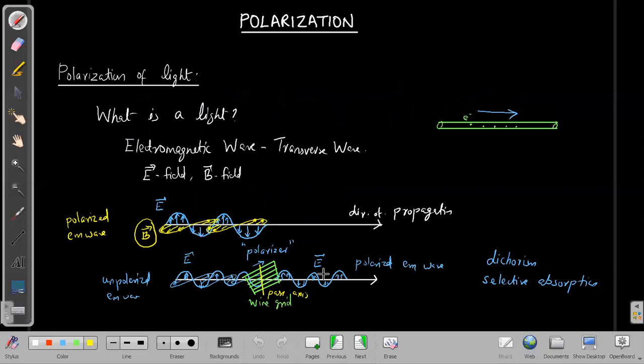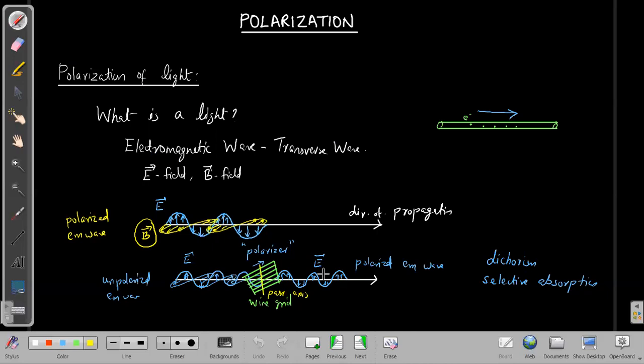And a transverse wave can be polarized. The confusion is that there are two types of oscillation here: electric field oscillation and magnetic field oscillation. For simple discussion, just ignore the magnetic field and think only about the electric field, and we will discuss only the electric field further.